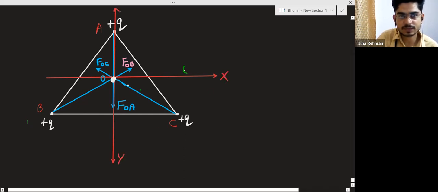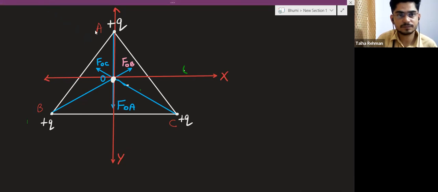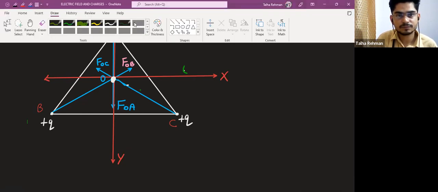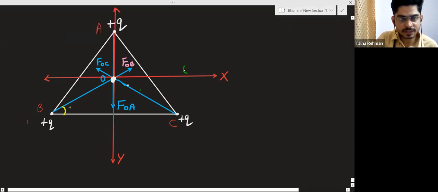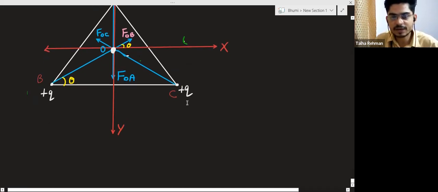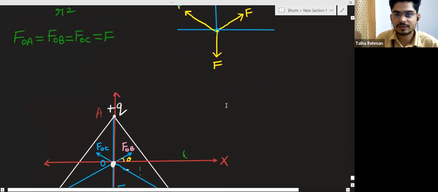So from here you can see that if this angle is theta, then this line and this line are parallel. So this angle will also be theta. Means with the x-axis, this force is making an angle theta.